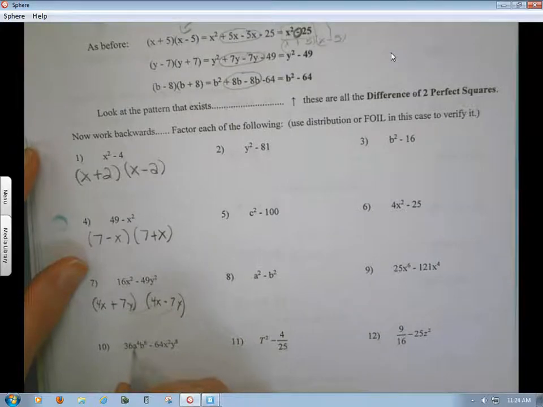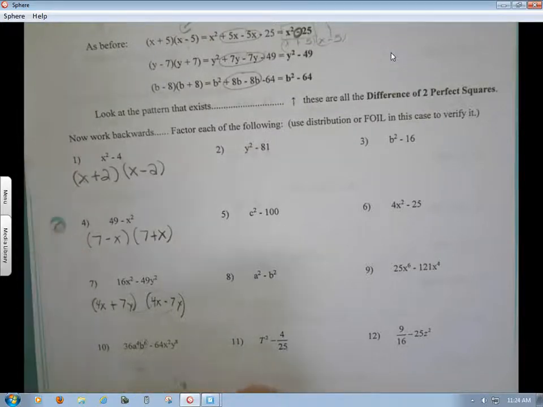Perfect square, perfect square, perfect square. Now be careful here. You think, oh, well, 6 isn't a perfect square. Well, when you're multiplying, you add exponents. So you can break 6 up into 3 plus 3 because you're really adding those exponents.